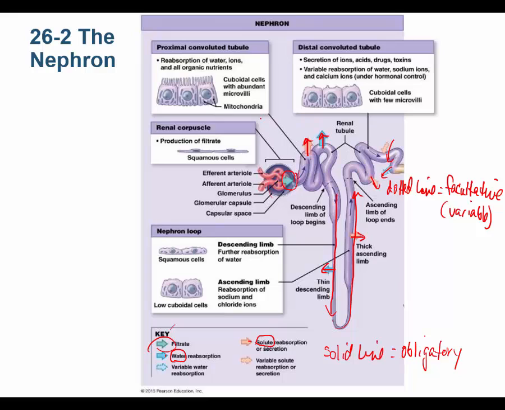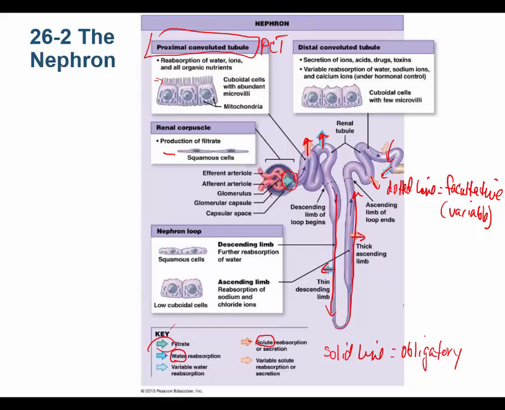You can see what our tubules are made of. Our proximal convoluted tubule, quite often abbreviated PCT, is made of simple cuboidal epithelial cells which have microvilli. That increases the surface area, of course, so you can see that. By the way, I went directly to the proximal convoluted tubule. Let's not skip the glomerulus. Capillaries are made of endothelial cells, which are simple squamous epithelial cells.